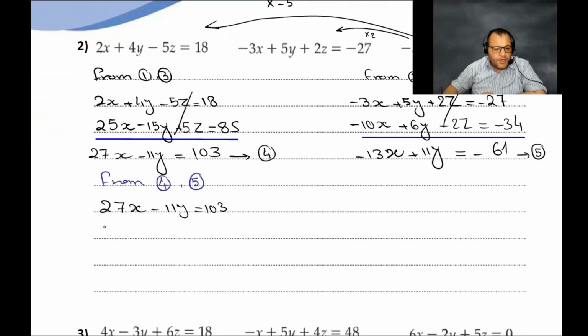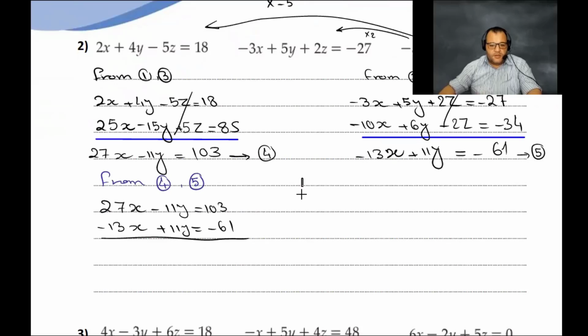The second is negative 13x plus 11y equals negative 61. So by adding, it will be 14x equals 42. It means x is equal to 3.